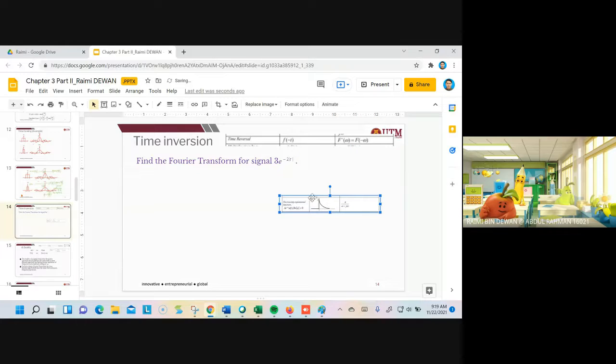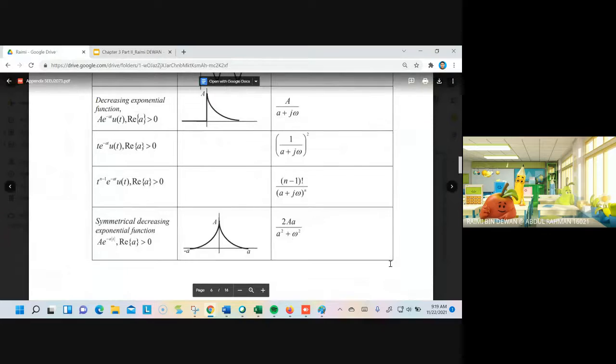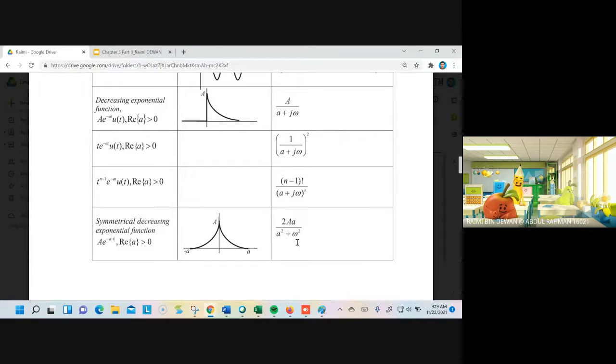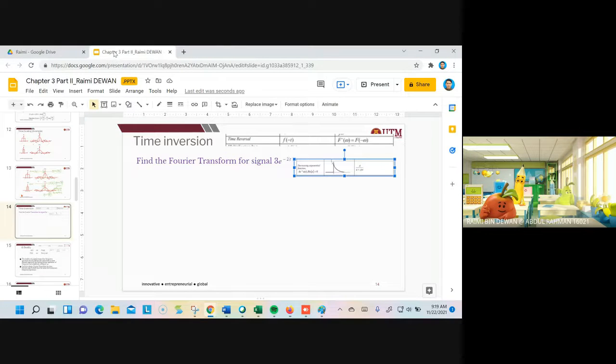So find the Fourier transform for the signal. You have 2a over a squared plus omega squared. This one is about time inversion.